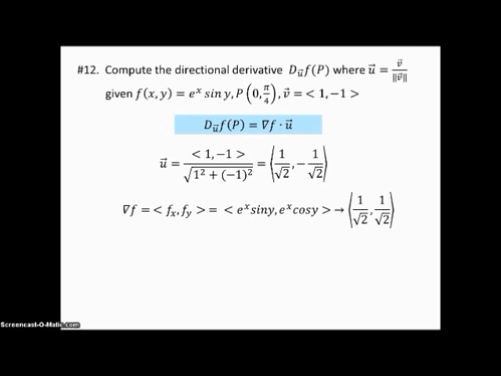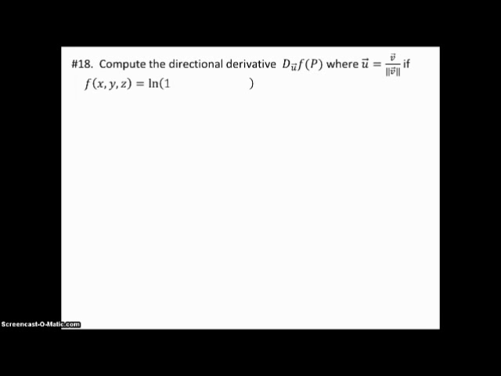We have to plug in the values given for x and y for the point (0, pi over 4). And then we dot those two vectors to get our directional derivative. And notice the directional derivative is always a number. This means that there would be no change in z along that particular vector, if x and y moved along that particular vector.